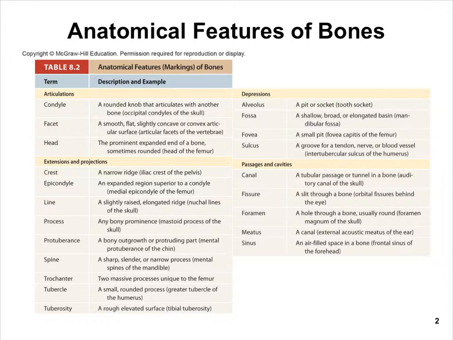A sulcus is a groove that something fits into. A facet is a smooth, flat articular surface as opposed to a rounded articular surface or a concave articular surface.